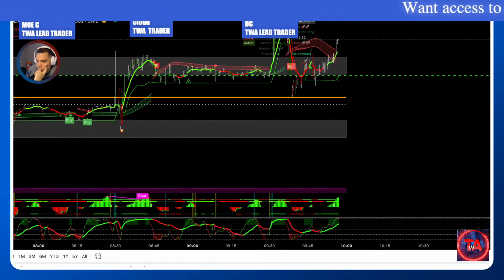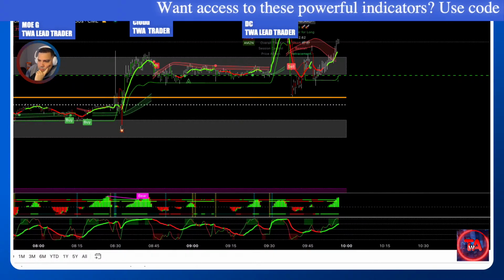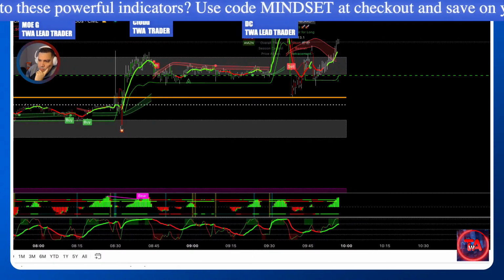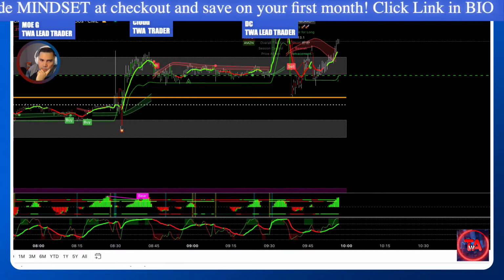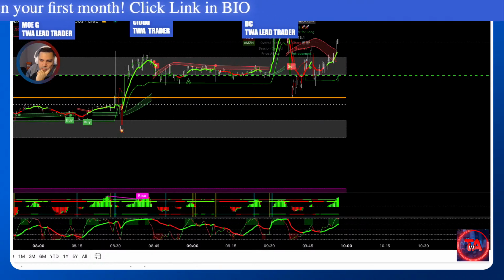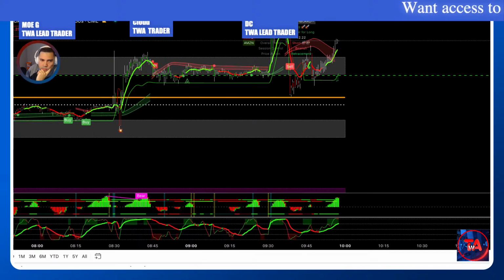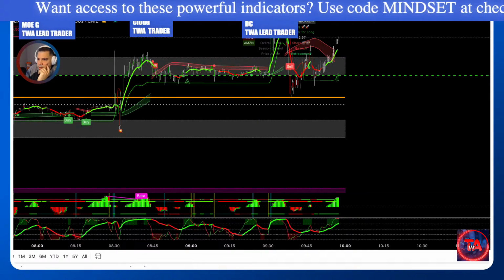We're almost at 50 points here. Now I wish I would have entered this with 15 or 20 micros. This sucks. There we go. Come on.